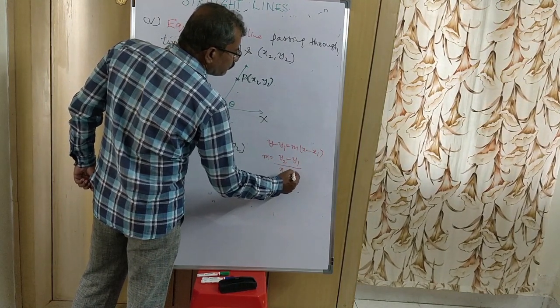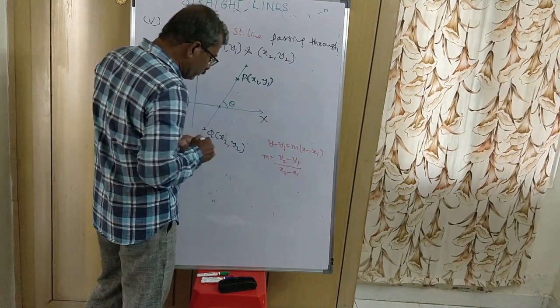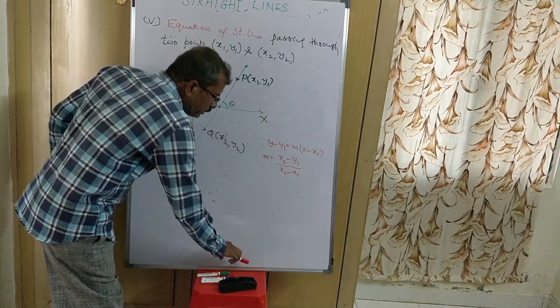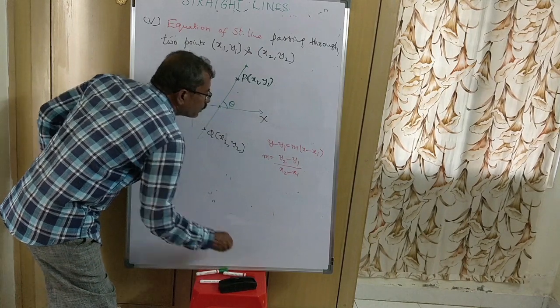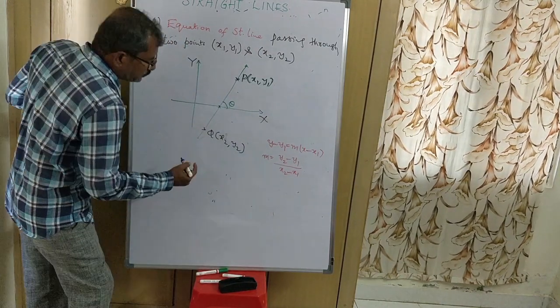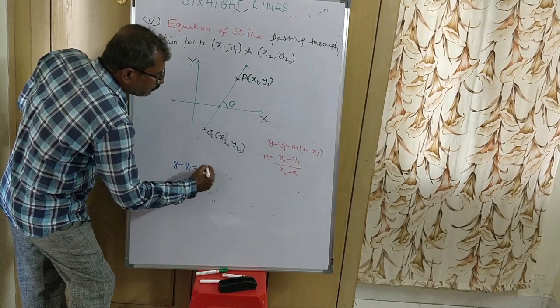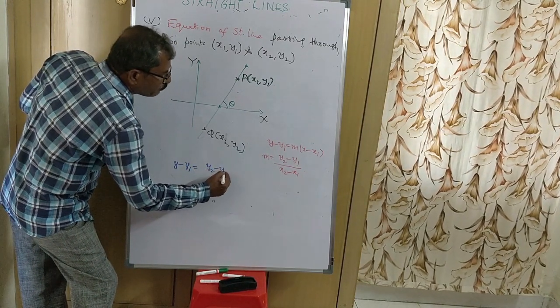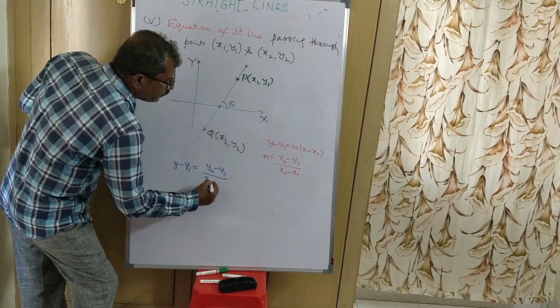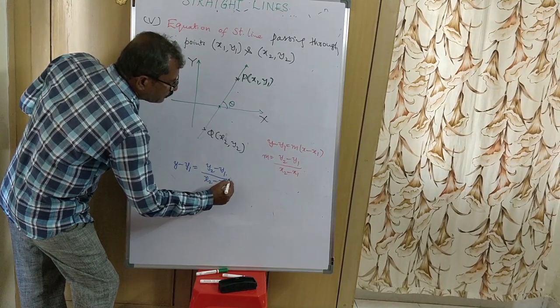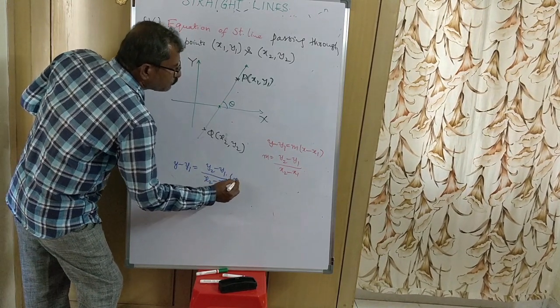That you have to substitute there, you get the equation. So y minus y1 is equal to m, which becomes y2 minus y1 by x2 minus x1, into x minus x1.